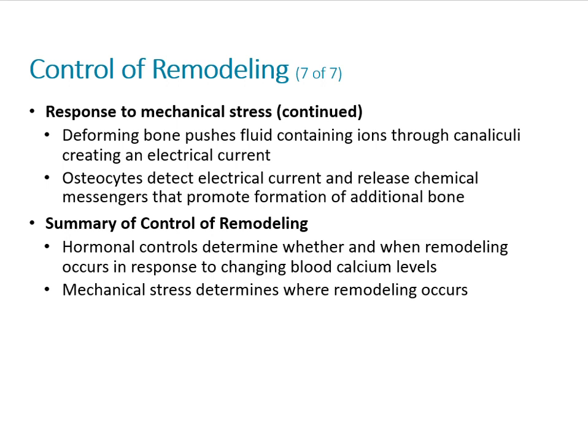They communicate with osteoblasts and osteoclasts and utilize hormones and their controls in order to determine whether, when, and where remodeling needs to occur. So the control of remodeling is down to both hormonal control and responses to mechanical stress. To summarize, it's mechanical stress and hormones that help determine where remodeling occurs.